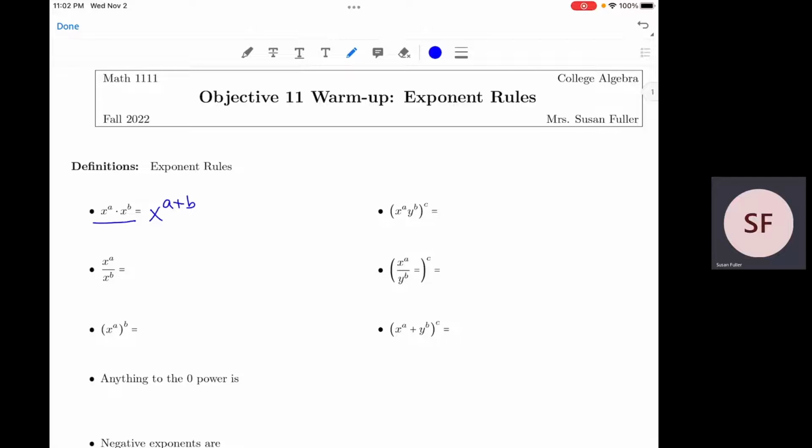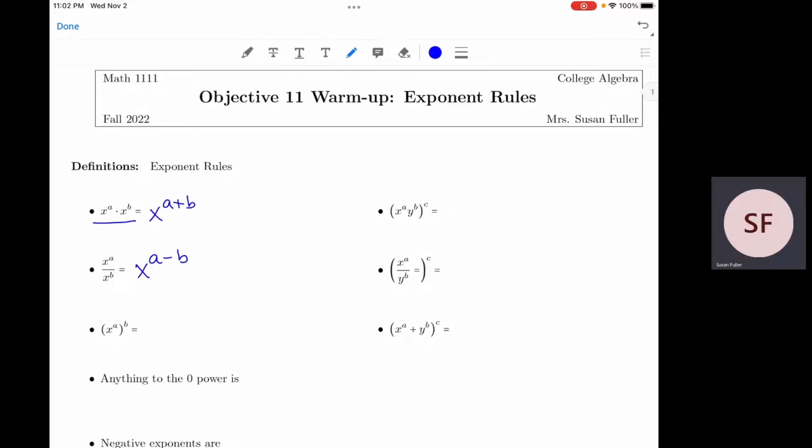So x to the a times x to the b is x to the a plus b. You'll add the exponents. Similarly, if you are dividing two expressions with the same base, you will subtract those exponents. So x to the a divided by x to the b will be equal to x to the a minus b.